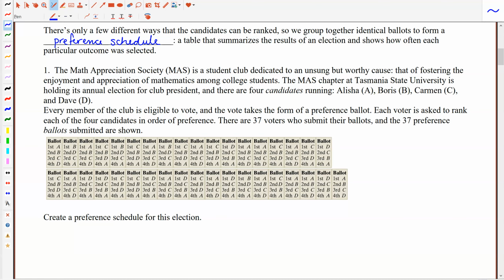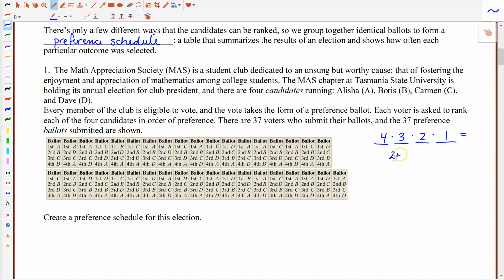Now just when we say that there's only going to be a few different ways that the candidates can be ranked, let's take a look at this type of example. So we have 4 candidates, and they're going to be ranked first, second, third, and fourth. There are 4 possible candidates for first place, 3 possible candidates for second place, 2 possible candidates for third place, and 1 possible candidate for the last place. So using a counting principle, we can multiply these numbers together: 4 times 3 times 2 times 1.